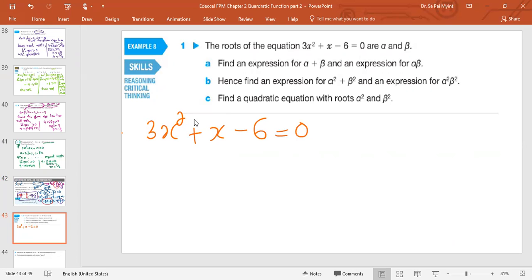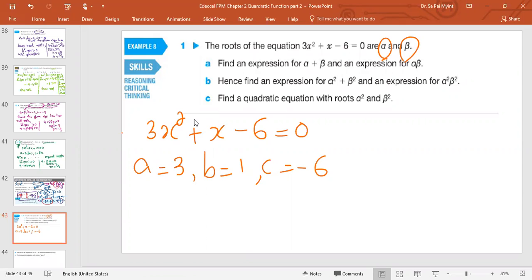We can find a, b, c first. a is 3, b equal to 1, c equal to minus 6. The roots of the equation are alpha and beta. Alpha and beta are the solutions of the given equation.